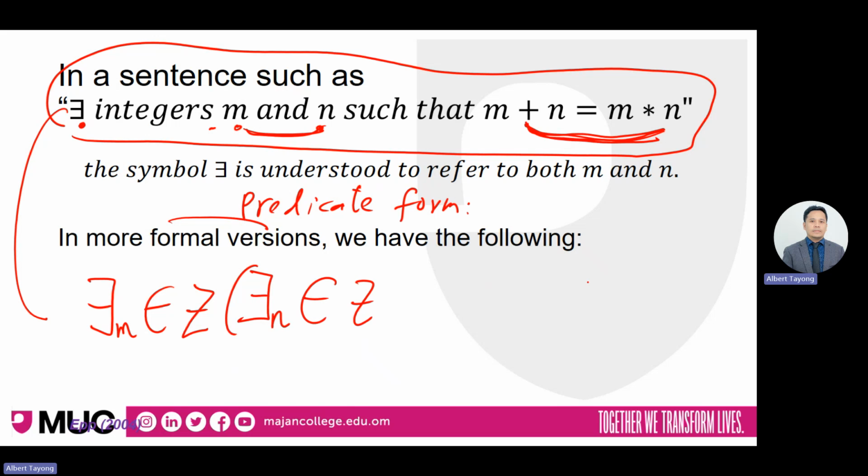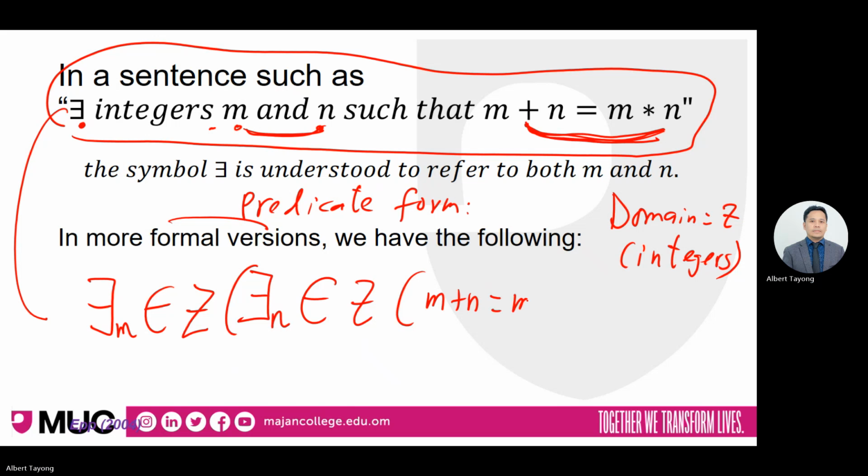Our domain here is integers. Integers symbol is Z. Then open and close for our property there, and then we close this towards the end. Okay, so that's how to translate this into predicate form.